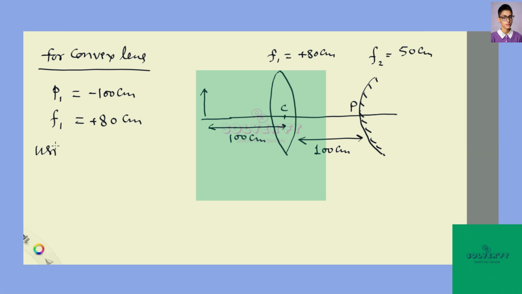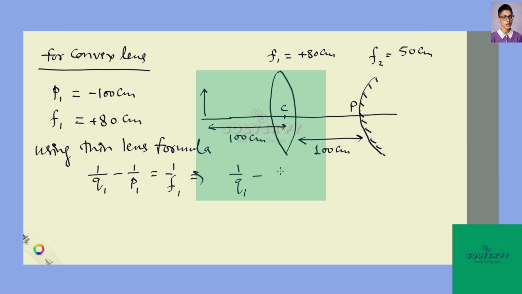Then using the thin lens formula, 1 by q1 minus 1 by p1 is equal to 1 by f1, where q1 is the distance of the image formed by this convex lens from its optical center C. So when we put these values, 1 by q1 minus 1 by minus 100 is equal to 1 by 80.